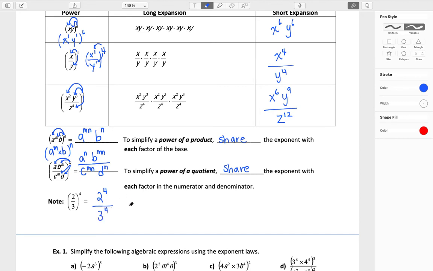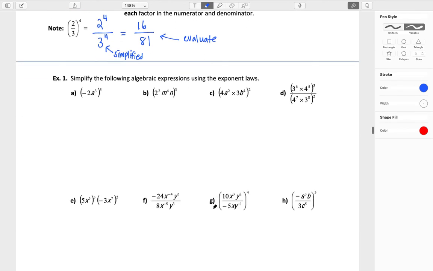And you can evaluate this: 2 to the 4 is 16, 3 to the 4 is 81. So this question is simplified. And when I get rid of the exponent, it means evaluate. Okay, so make sure you understand what the question is asking.